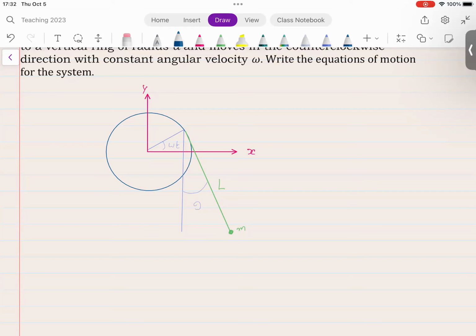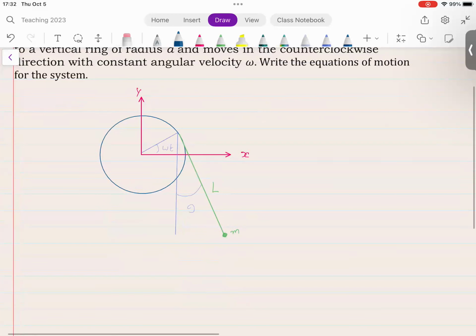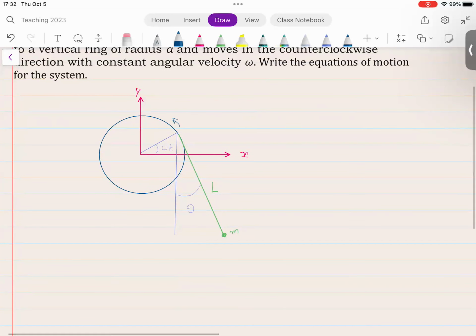Here in green is the pendulum, length L, mass M. Its pivot point is attached to a circle, and it moves with angular velocity omega. So the motion is in this direction, and the angle formed by the position of the pivot and the horizontal is going to be omega times t, and this length is a.